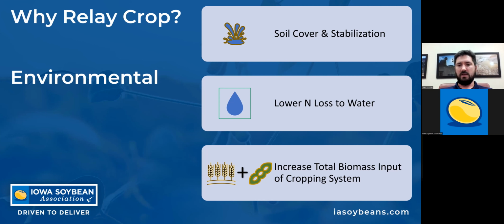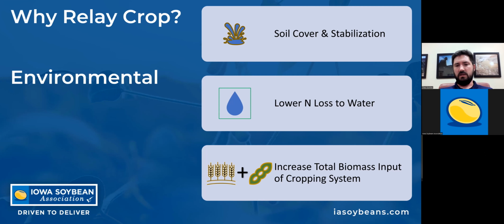This is the same way that a living root takes up nutrients and uses water, rather than being in a fallow situation where there's bare soil and residual fertility in the soil that could be lost to water. And we're going to increase the total biomass input of the cropping system.